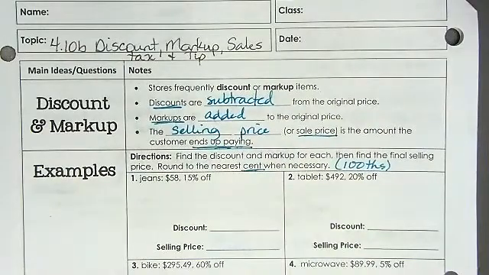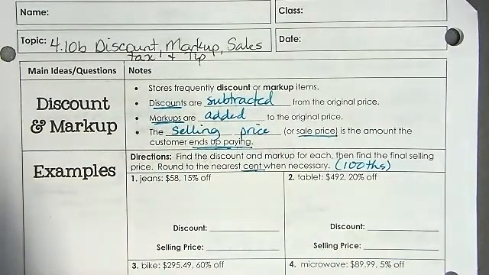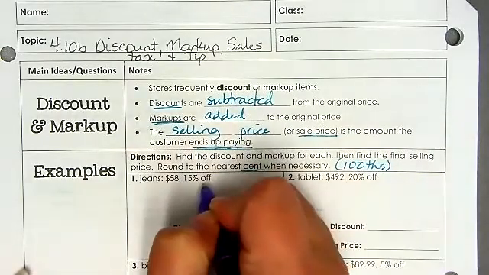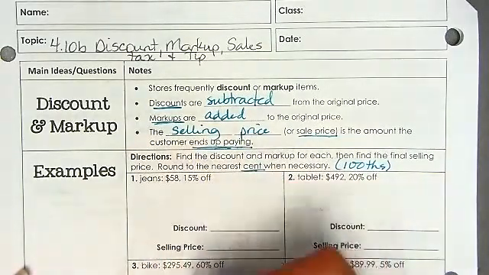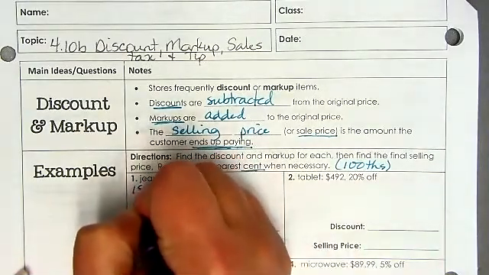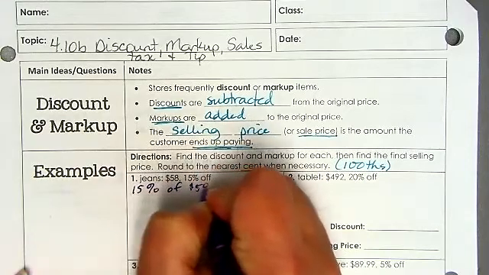Okay, here we go. So we've got jeans that cost $58 and we want 15% off of that. So since it's off, I'm going to be subtracting at some point, but I first have to figure out what is 15% of 58.